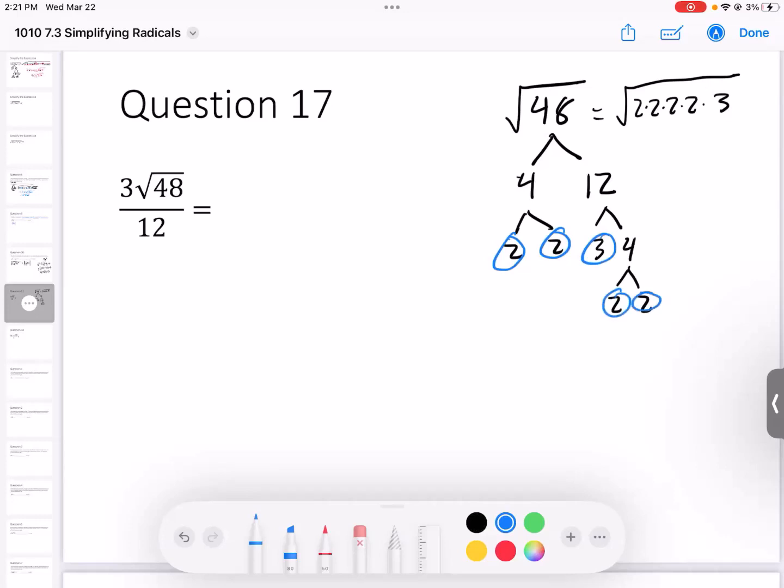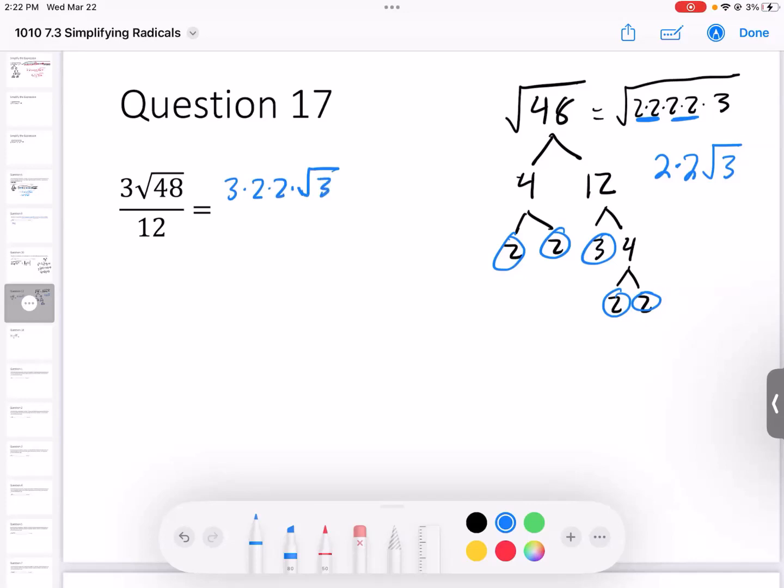And since I'm square rooting it, I'm going to look for squares or pairs of the same factor. So the square root of 2 squared is going to equal 2. The square root of another 2 squared is going to equal another 2. And times the square root of 3, it looks like this is going to equal 3 times 2 times 2 times the square root of 3.